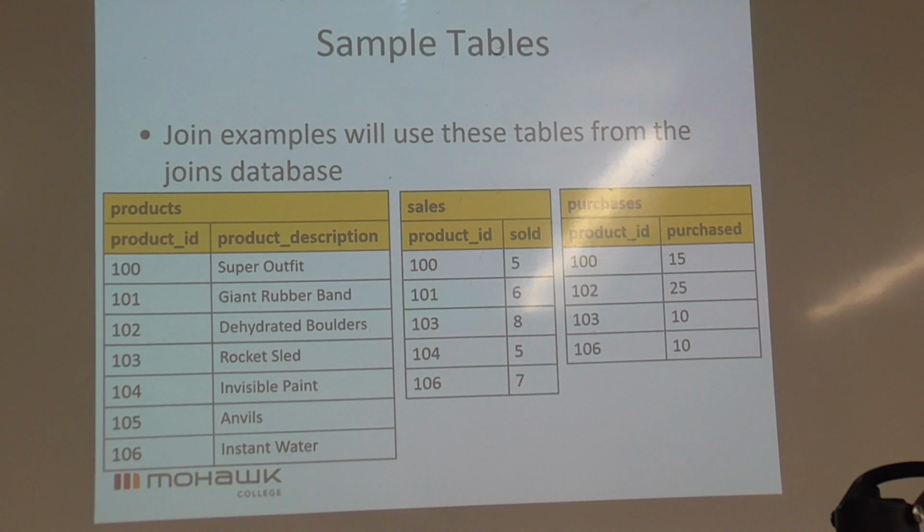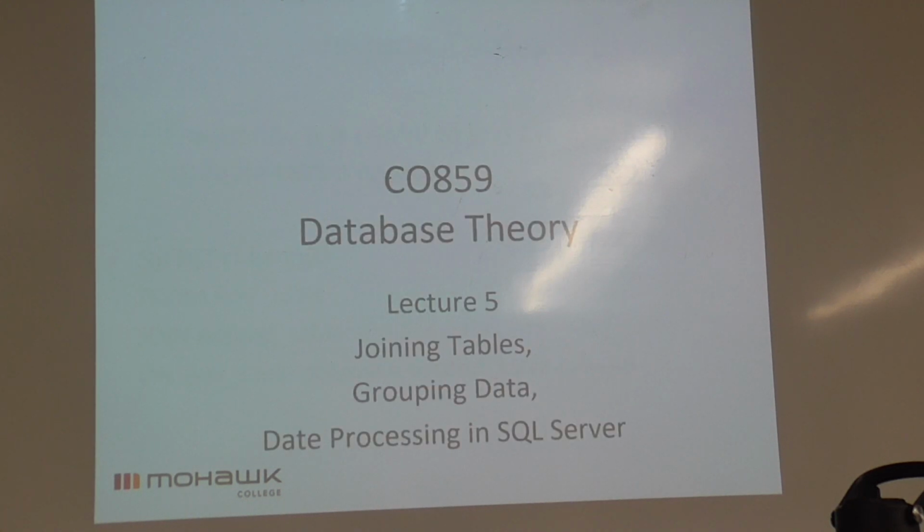We should have a sales table that updates and adds rows when we sell things, right? These should be different tables, but it is very useful to be able to see we have sold 7 super outfits, 4 dehydrated boulders, and 3 cans of invisible paint, right? This is what a join is for.